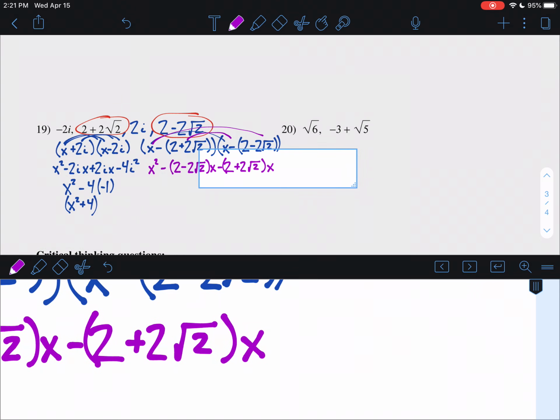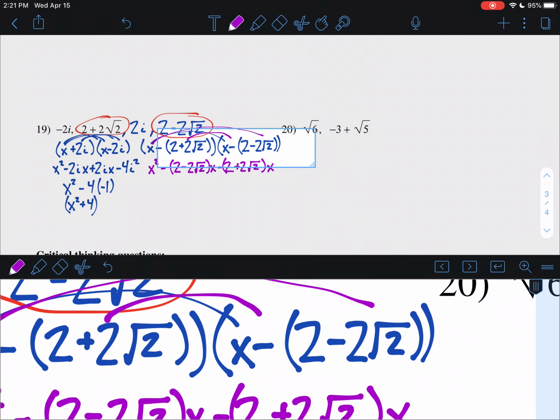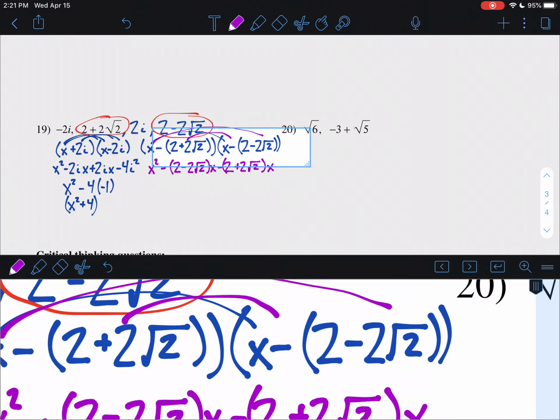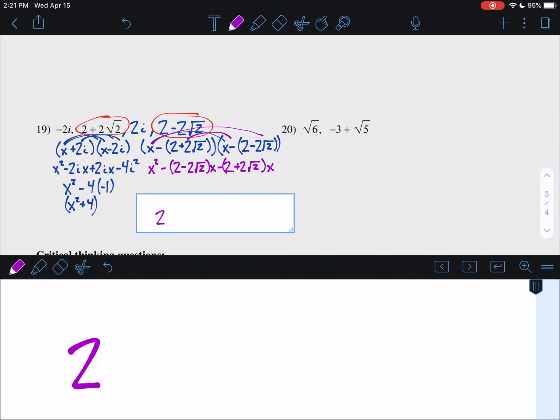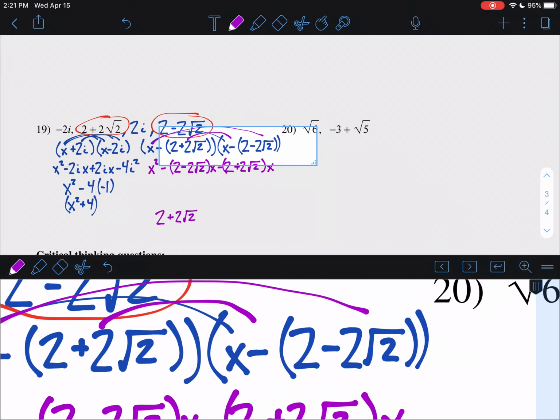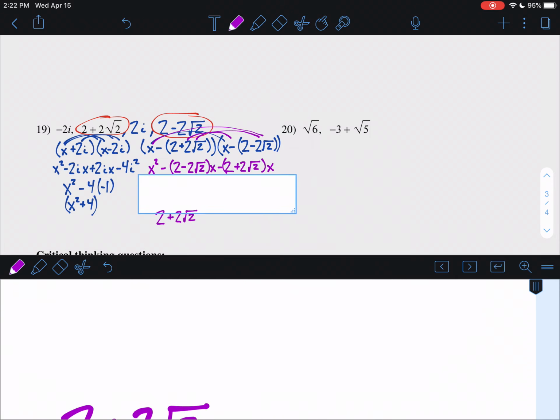And then I have this here. I have 2 plus 2 square roots of 2 times 2 minus 2 square roots of 2. And to figure this out, I'm actually going to do a little bit of a mini FOIL thing. So let's see. I'm just going to come down here for a second. So I have 2 plus 2 square roots of 2, because I'm doing that times that.